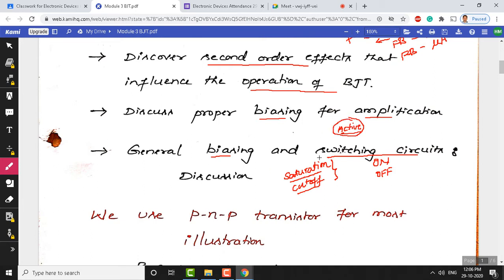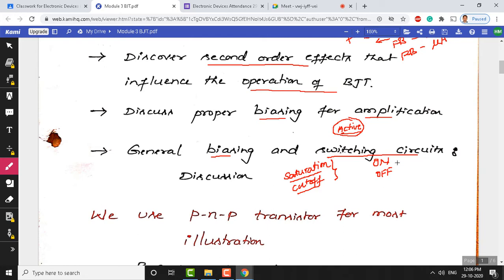Similarly here also, biasing means you use external components like resistors and a DC power supply, so that with proper values of those resistors and the DC voltage, you can operate in saturation or cutoff region. That helps us use BJT as a switch.